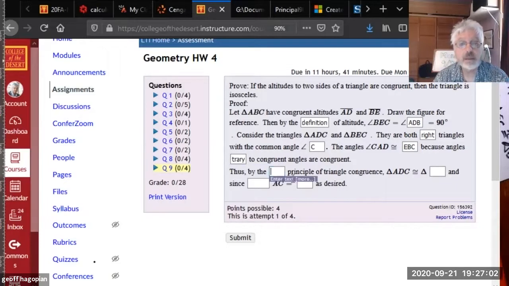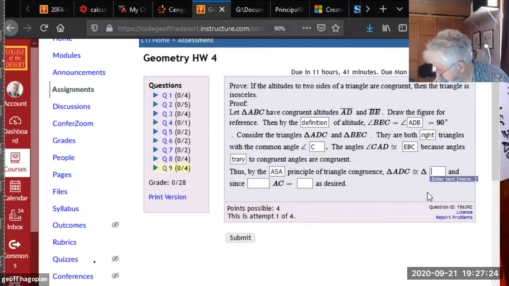Thus, by the, I think this was angle, angle, side, or side, angle, side, I think, or angle, side, angle will also work. Triangle ADC is congruent to triangle BEC.